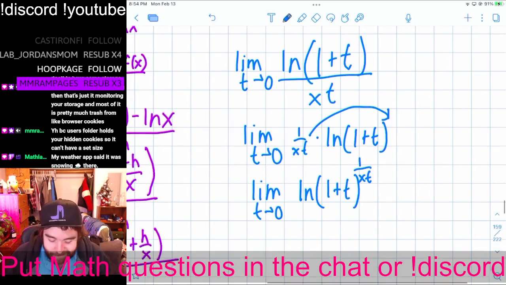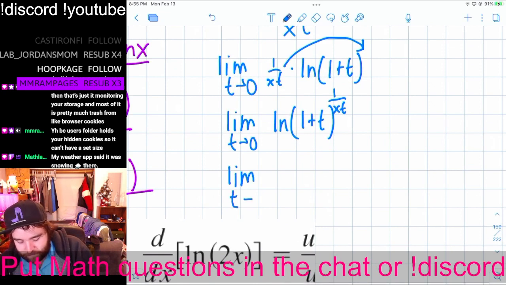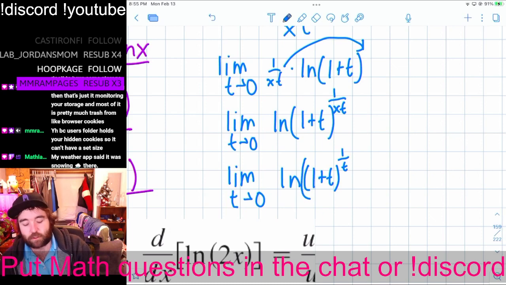And then, even weirder, honestly, we're going to keep going backwards. We're going to keep unsimplifying just because it's going to help us. So we're going to rewrite this as ln of 1 plus t to the 1 over t, to the 1 over x. And that's the same, right?